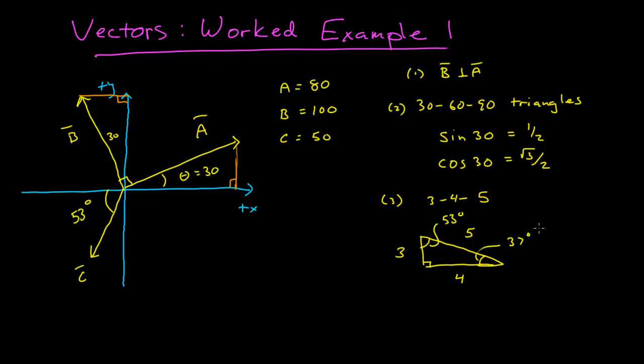degrees. So by noting that this angle, the C relative to the negative x-axis, is 53 degrees, I note that I have a 3, 4, 5 triangle. And that is useful because, again, the sine and cosine of the angles are easy.